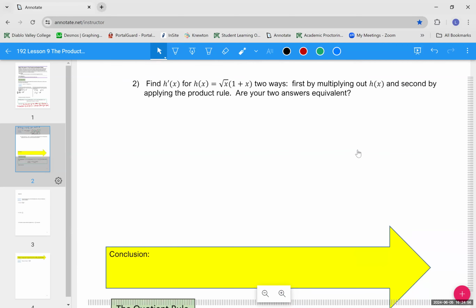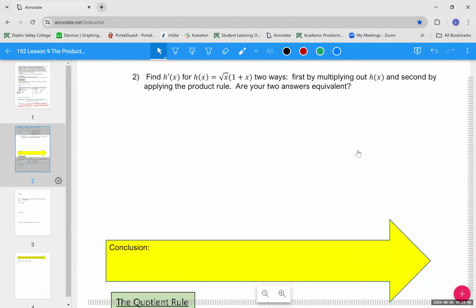So we're going to do this second one by using the product rule, and then we're also going to actually do the product and make sure that those two things are equivalent once we take the derivative. I'll just put a line here. And the first thing we're going to do over here is multiply out h of x.